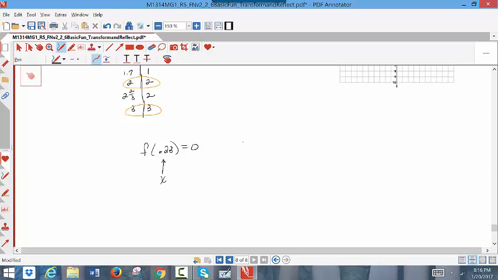One more example. If you had f of 2.78, the integers around 2.78 are 2 and 3, and you would go down to the 2. This would be your x value, and this would be your y. These ordered pairs would be (0.23, 0) and (2.78, 2).